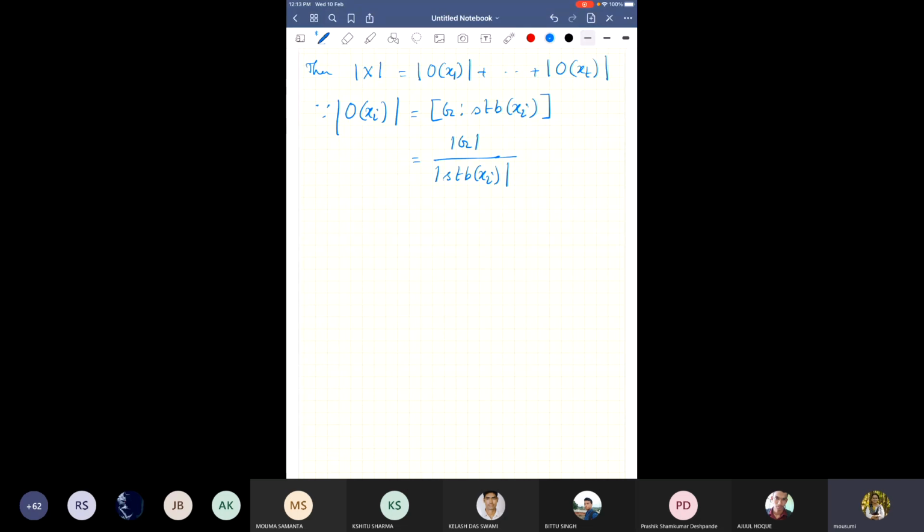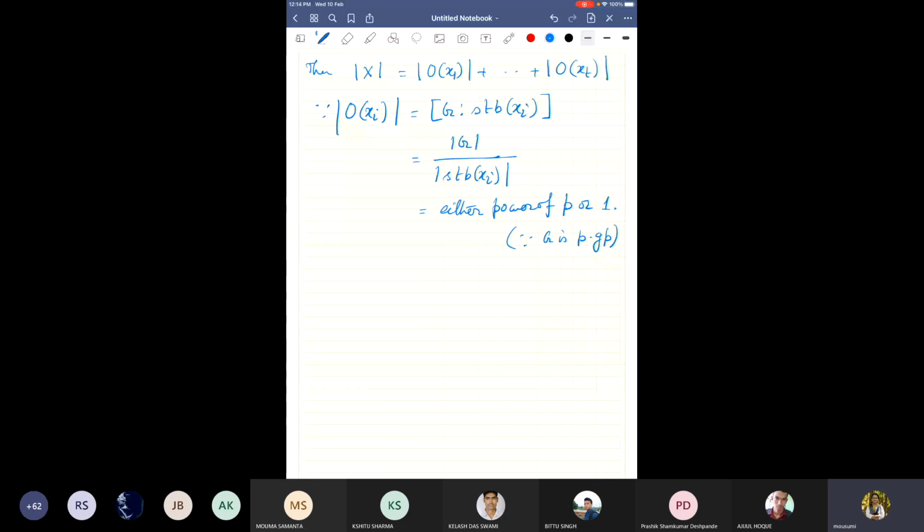So what are the choices for the order of the orbit? It will be either 1 or p to the power of something, because it must be a divisor of the order of G, and the divisors of the order of G are p to the power of something. This is because G is a p-group.